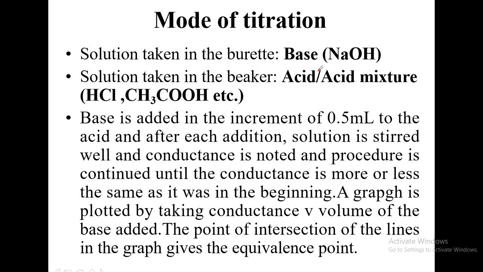So in all the 3 cases it is a strong base taken, that is sodium hydroxide. Solution taken in the beaker is strong acid, or weak acid, or a mixture of the two. So it is HCl. We can take only HCl in the beaker, we can take only acetic acid in the beaker, or we can take a mixture of these two.